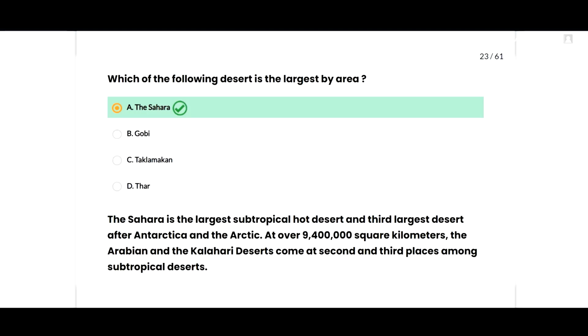The Sahara is the largest subtropical hot desert and third largest desert after Antarctica and the Arctic at over 400,000 square kilometers. The Arabian and the Kalahari deserts come at second and third places among subtropical deserts. Here A option is correct.